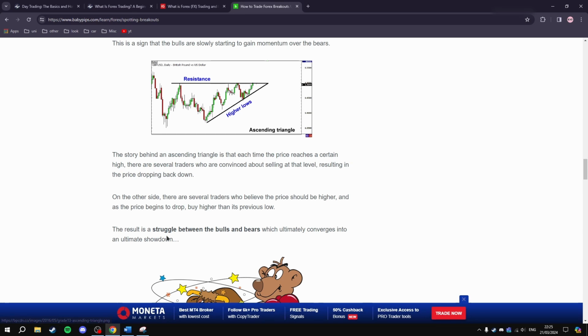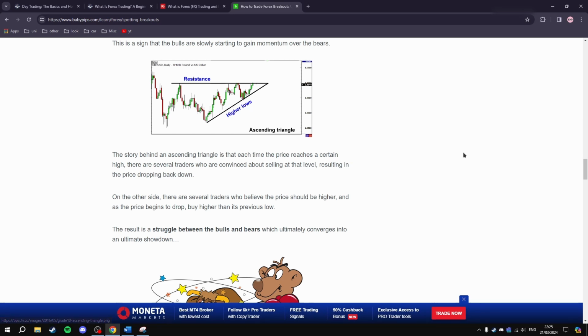On the other side, there are several traders who believe the price should be higher, and as the price begins to drop, buy higher than its previous low. So since the price decreases from all the sellers, the buyers think that the price should be higher, so they start buying at a low price due to the high supply that is out there.